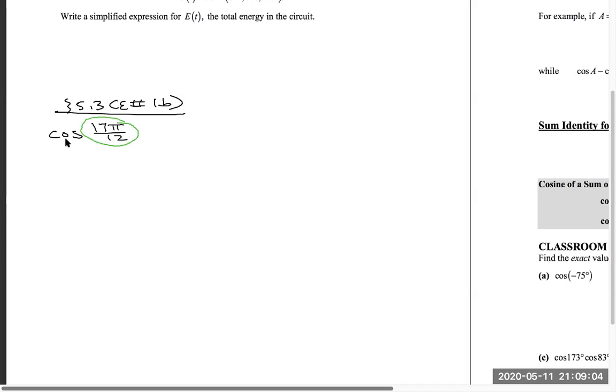Because if we try to evaluate cosine 17 pi over 12, that's not a nice unit circle radian value. So what we're going to do is, off to the side, split 17 pi over 12 into two fractions. And you want those fractions to be nice unit circle values.